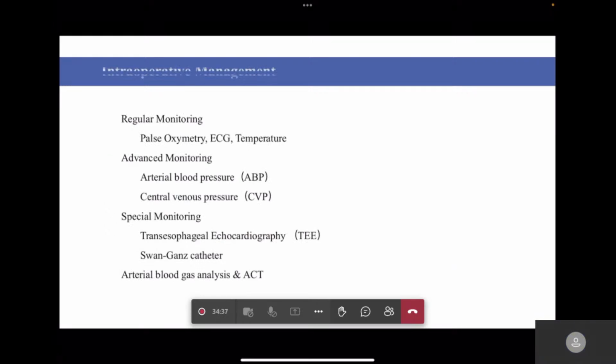Then some special monitoring is essential for this surgery, such as TE and Swan-Ganz, and arterial blood gas analysis should also be done before the induction to examine the patient's internal environment, because the patient is in end stage.